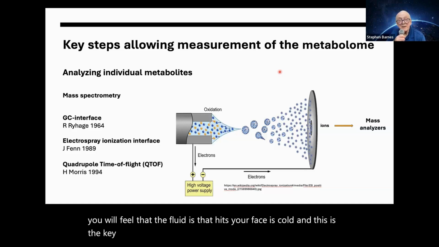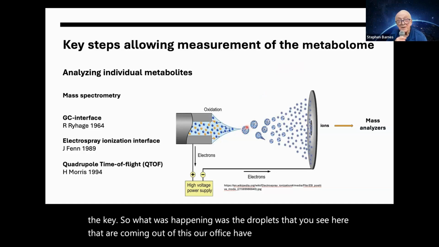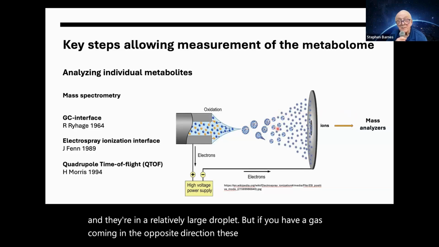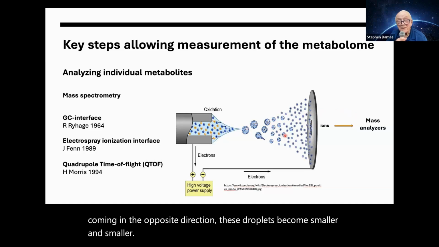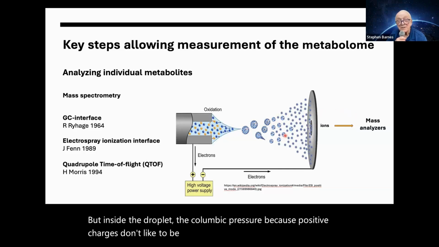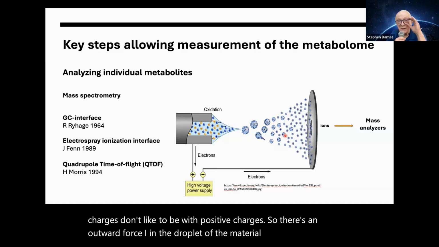So what was happening was the droplets that you see here that are coming out of this orifice have the charged materials in them, and they're in a relatively large droplet. But if you have a gas coming in the opposite direction, these droplets become smaller and smaller. Inside the droplet, the coulombic pressure, because positive charges don't like to be with positive charges, creates an outward force on the charged material within it.